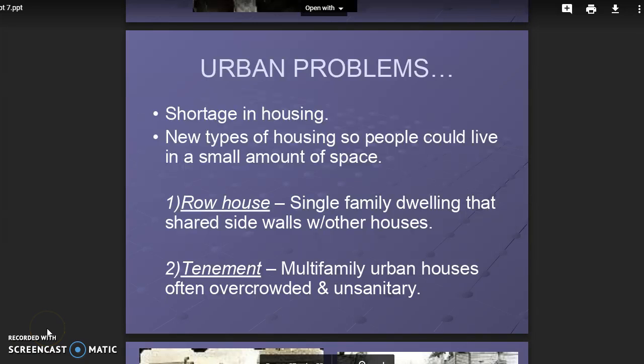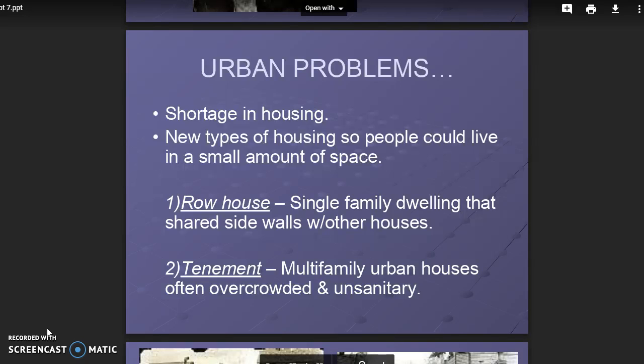Question number 16 is asking what was an urban problem, and then describe the new types of housing that were created. On this slide, it states shortage in housing. There were not enough houses for all these new people moving up north. So the way that they solved this is two new forms of housing came out.